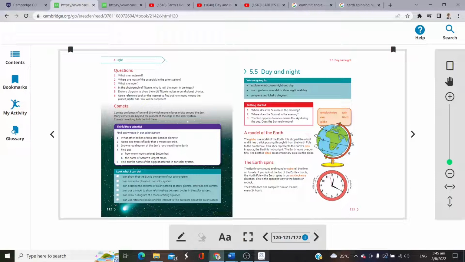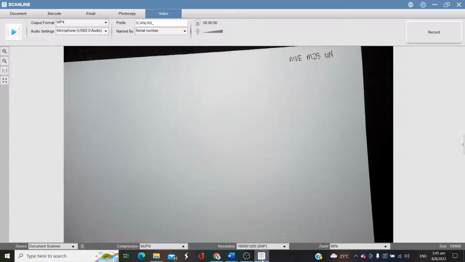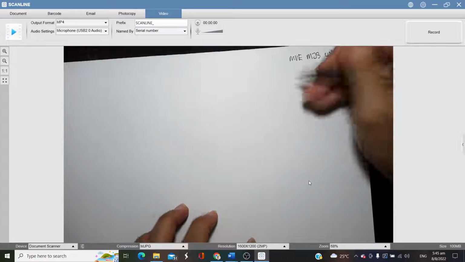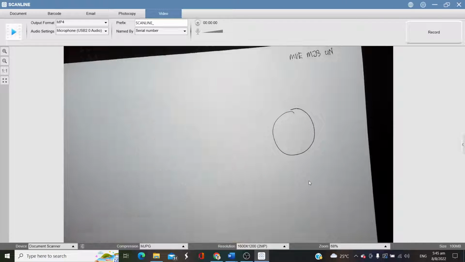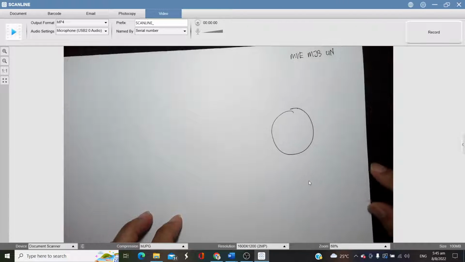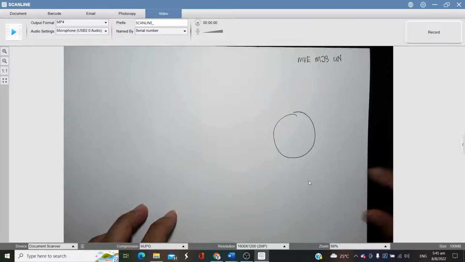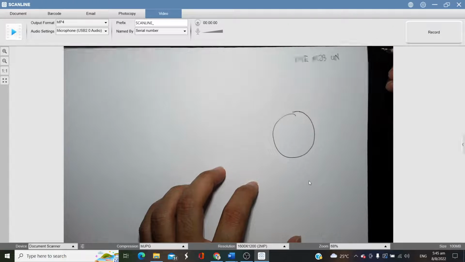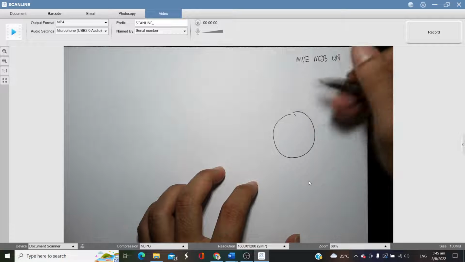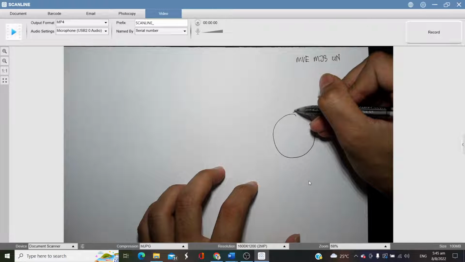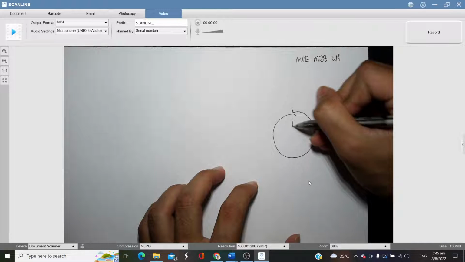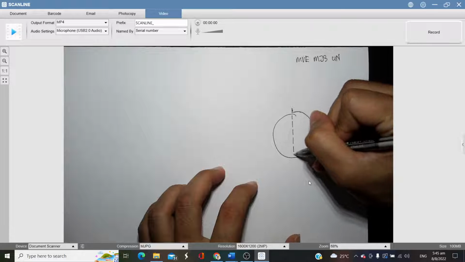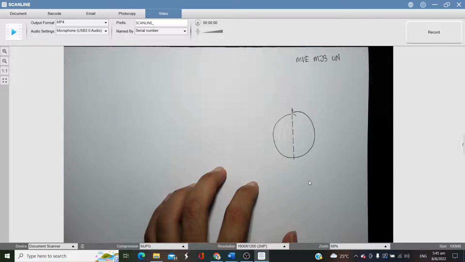Okay, you see here, I'll show you. So let's say this is the Earth. Maybe initially you will think you will see it like this, but actually it is not.